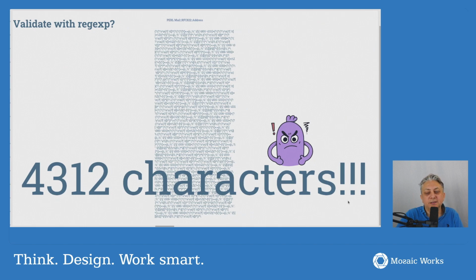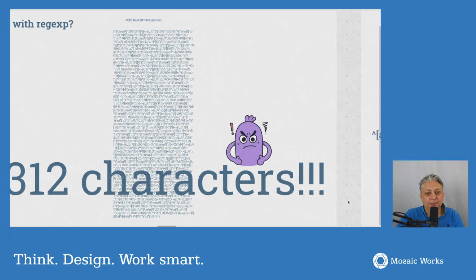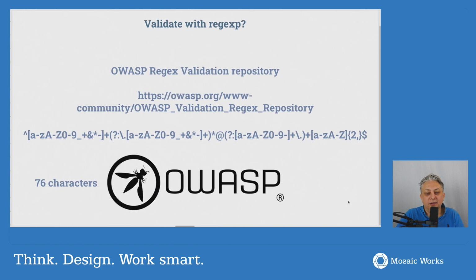This is the first thing that you would try. And in Perl, you have this monster of a regular expression, which is 4,312 characters that validates an email address. Now, there are other options, obviously.